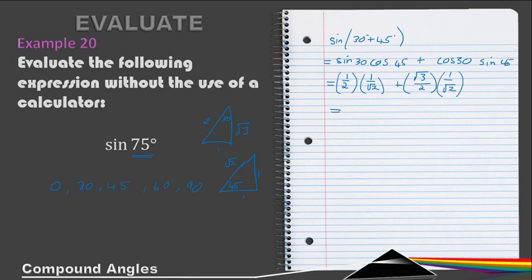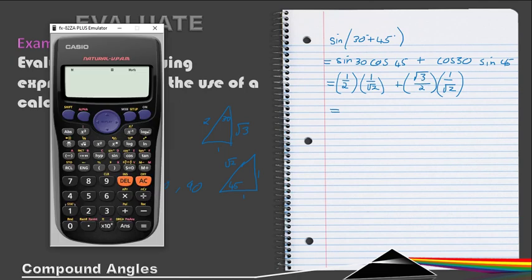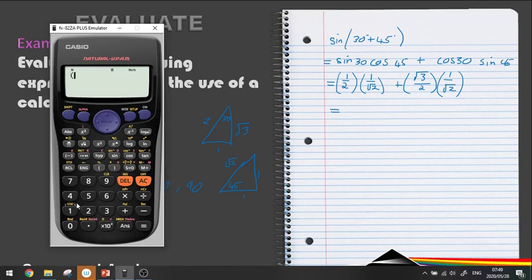All right, now at this stage, if you've substituted in these values, it would be safe to then use your calculator to just simplify it further. So I'm just going to type that in as a half times 1 over the square root of 2 plus square root of 3 over 2 times 1 over square root of 2.